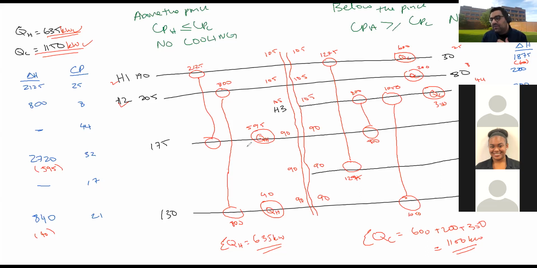It doesn't matter, you have a bunch of variations. However, your overall number of units will be the same, so try it out. You're going to find out that the overall number of units, heat exchangers plus heaters plus coolers, will all be the same, and this system will achieve your minimum energy requirements. Okay, so this is the end of this problem set.